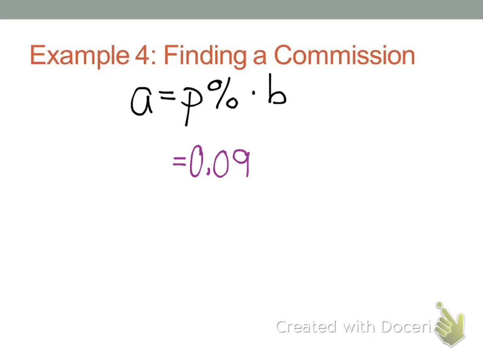Is that going to be my A value or my B value, and why? Well, okay, we're not necessarily looking for our keyword here. In a word problem, the keyword isn't necessarily going to apply.